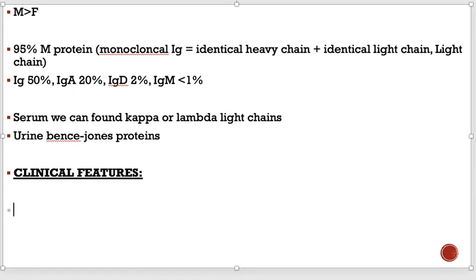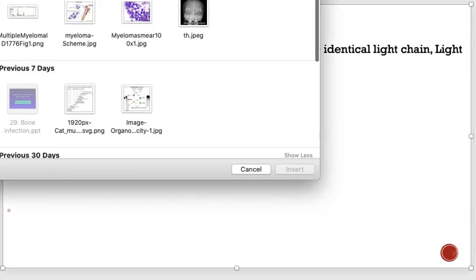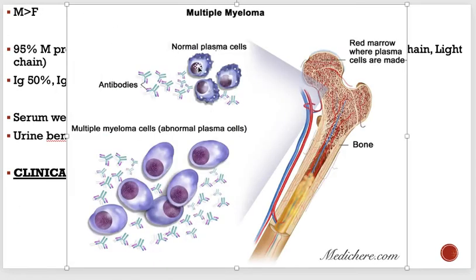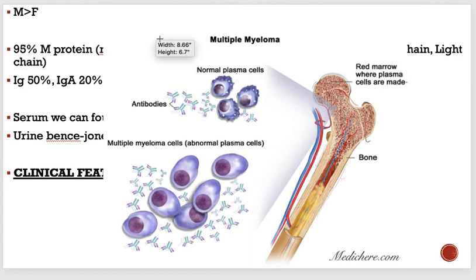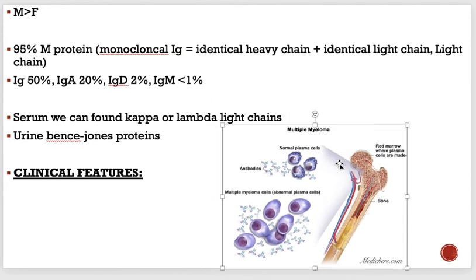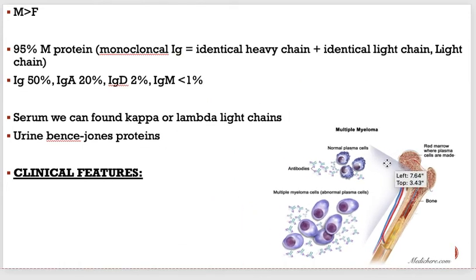So in the clinical features now, see, there is monoclonal proliferation of one cell line. This is what is going on, right?